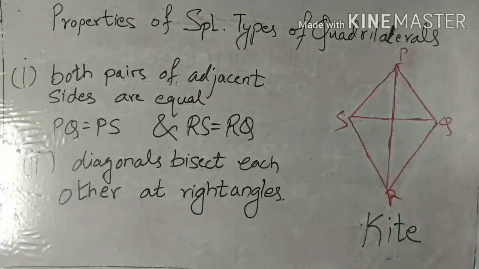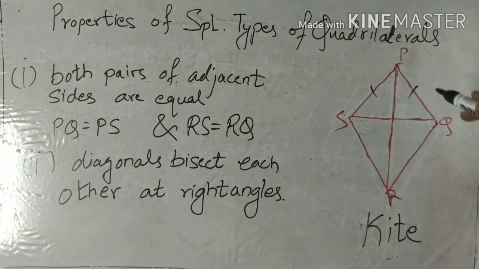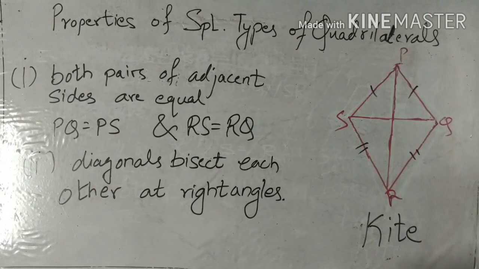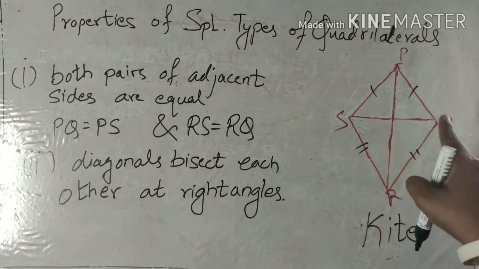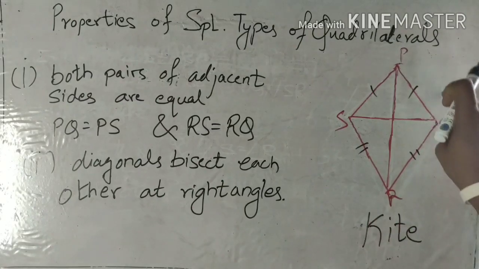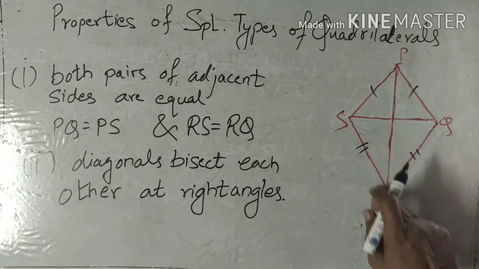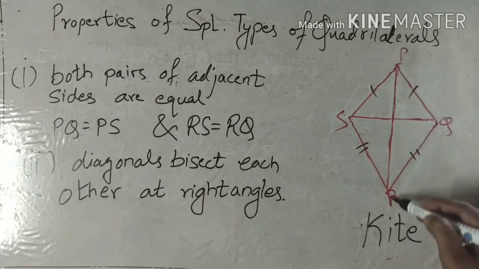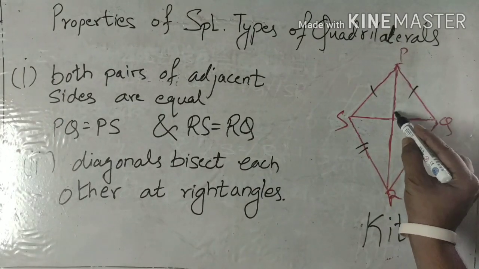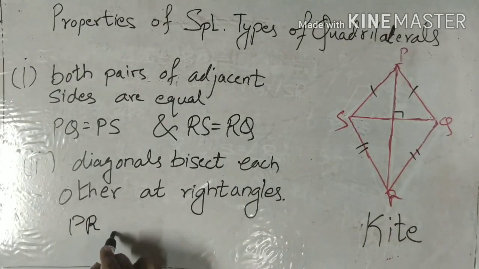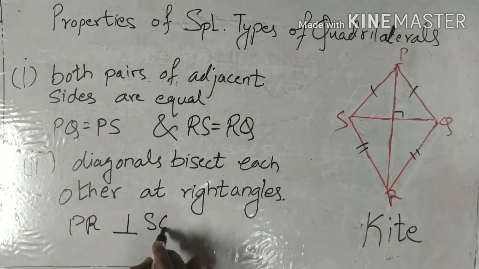If you see that the adjacent sides of this diagram are equal, both the pairs of adjacent sides, then it's a kite. So PQ is equal to PS and RS is equal to RQ. The second property is that the diagonals PR and SQ are perpendicular to each other. So PR is perpendicular to SQ.